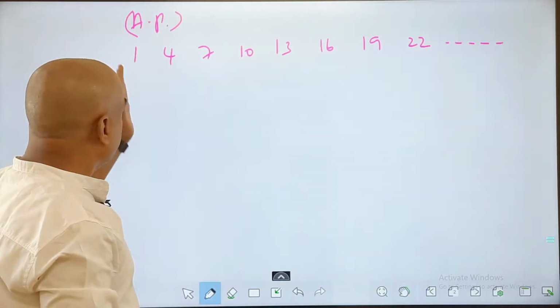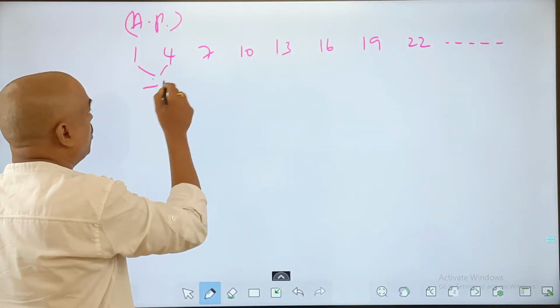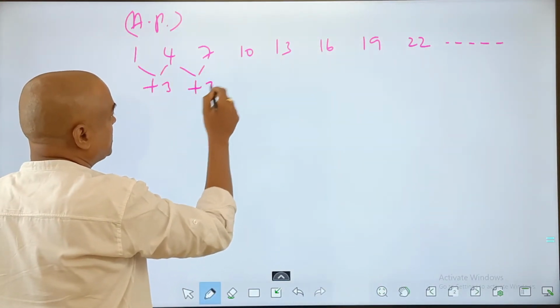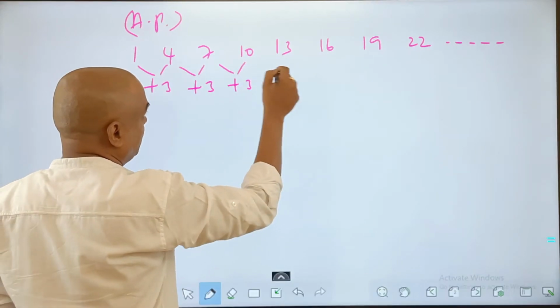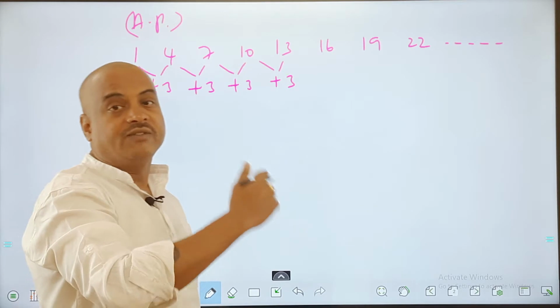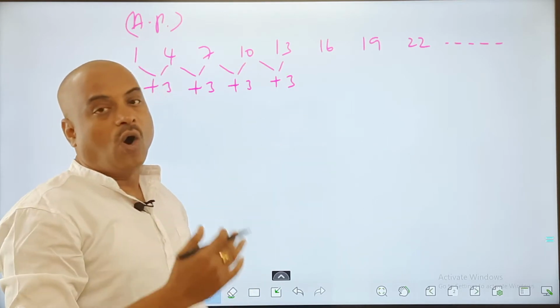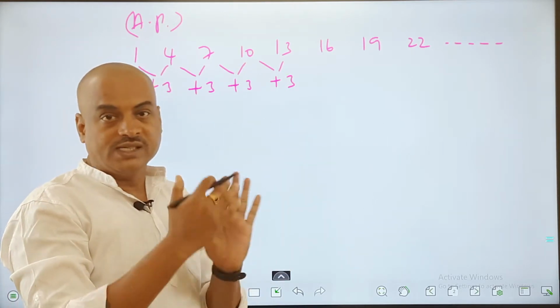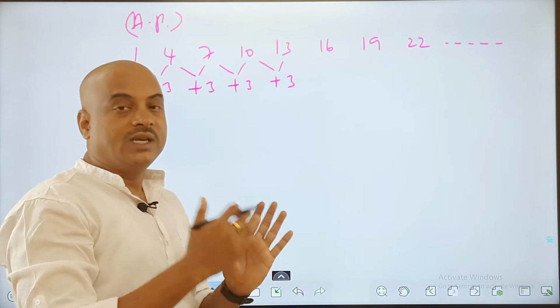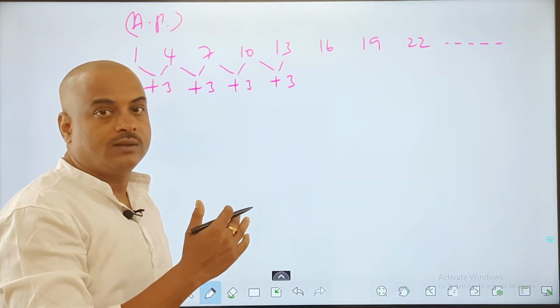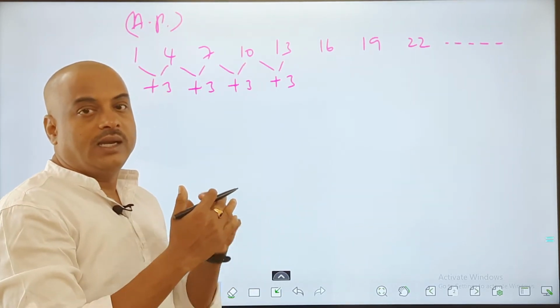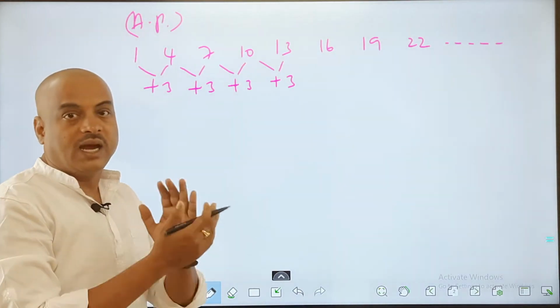So you can see there is a plus 3 happening over here to get the next term, plus 3 every time. So these types of series which have a common value of increase or a common value of decrease for every new term, it is known as arithmetic progression.